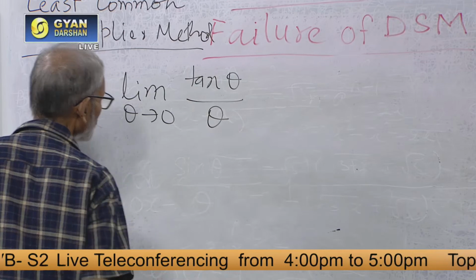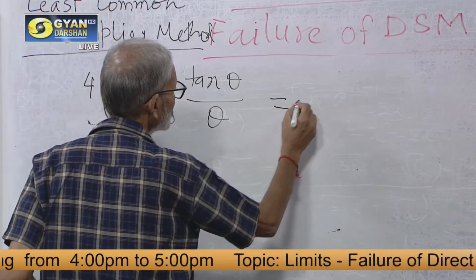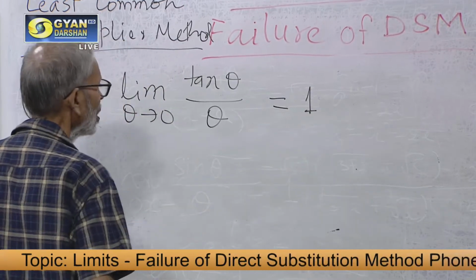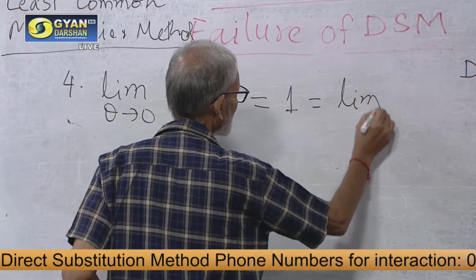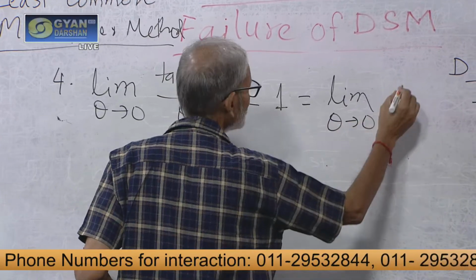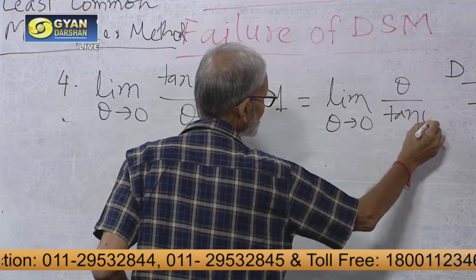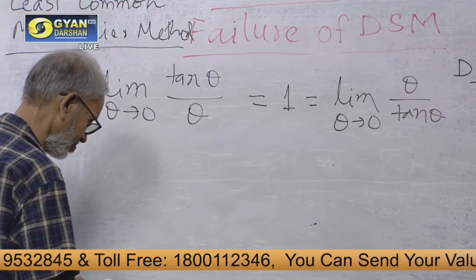This also comes out to be in the form of 0 by 0. So, this is taken as 1. Similarly, its reverse, theta tends to 0, theta upon tan theta. So, this will also become 1.